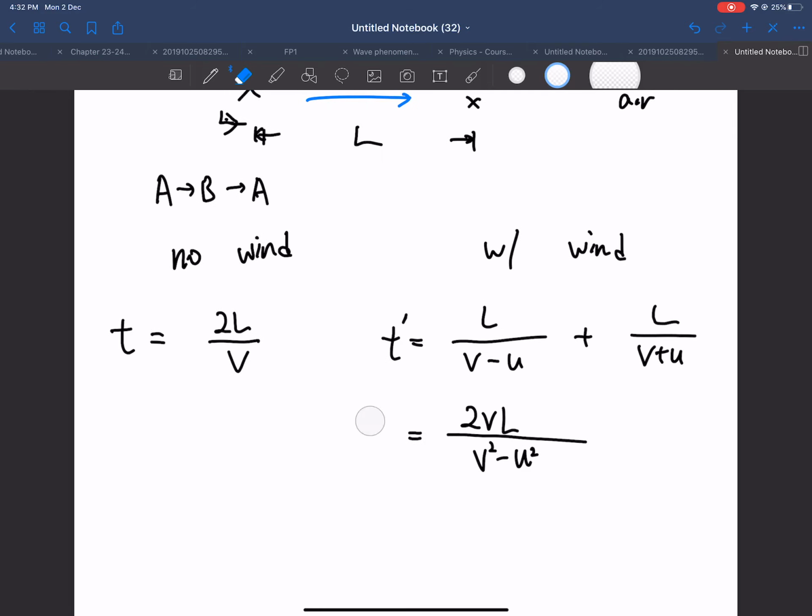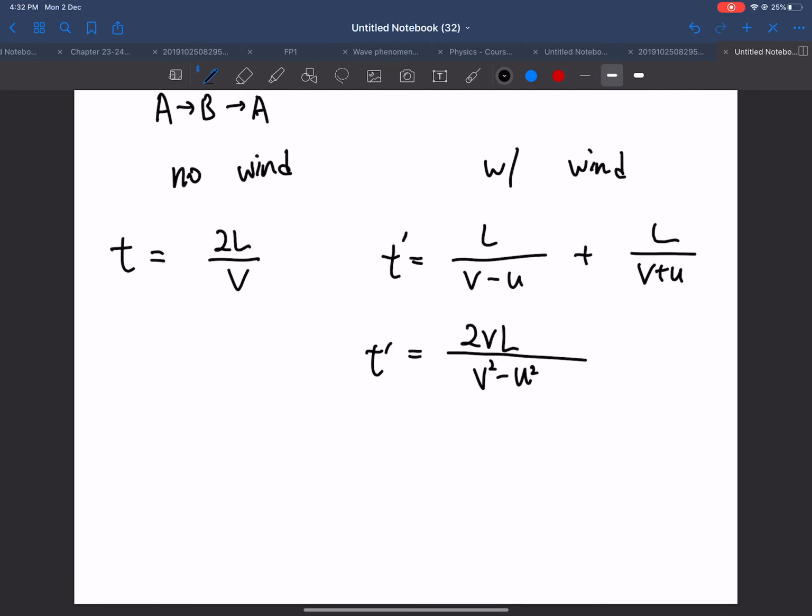Which one is larger? We need to compare. What I will do next is divide the denominator and numerator of the right hand side by V, so it's V minus U squared over V.